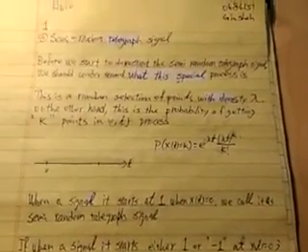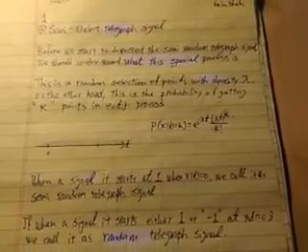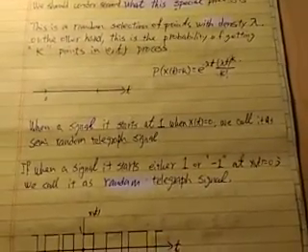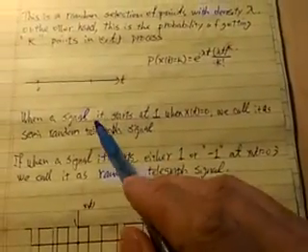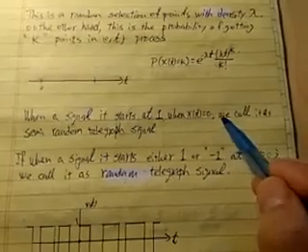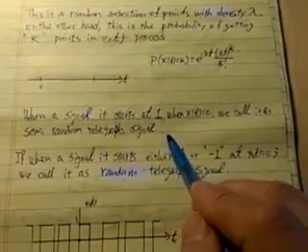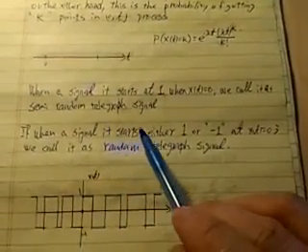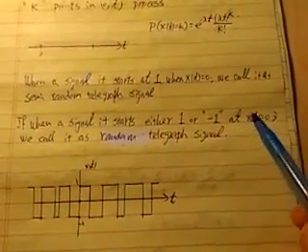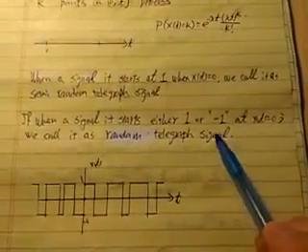In this one, we have two categories. The first one is when the signal starts at 1, when x of t equal to 0, we call it a semi-random telegraph signal. However, when the signal starts at either 1 or minus 1 at x of t equal to 0, we call it a random telegraph signal.